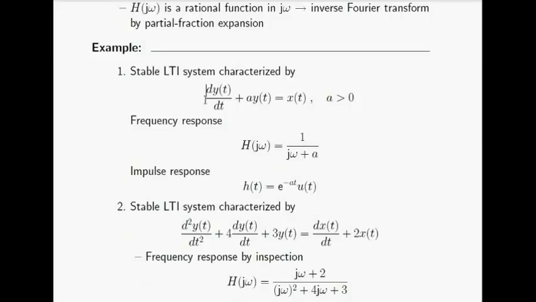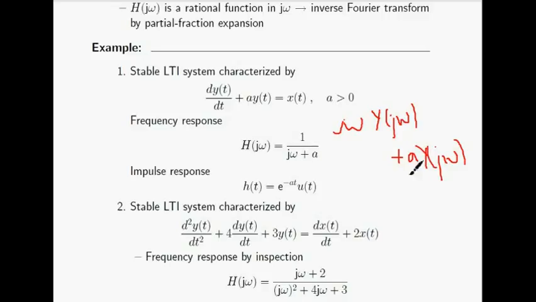The first is a stable LTI system, which is characterized by this equation: dy by dt plus a y(t) is equal to x(t), where a is greater than 0. To find the frequency response, you take the Fourier transform of this equation, which will be j omega Y of j omega plus a Y of j omega is equal to X of j omega.